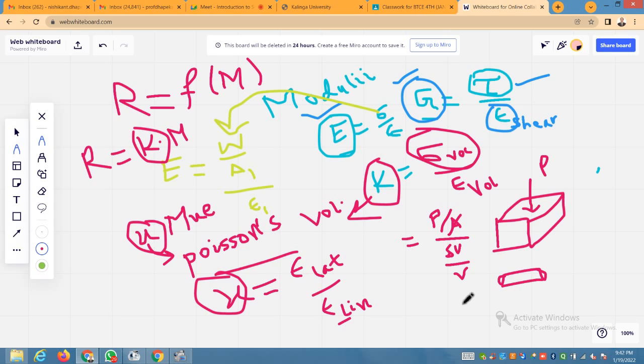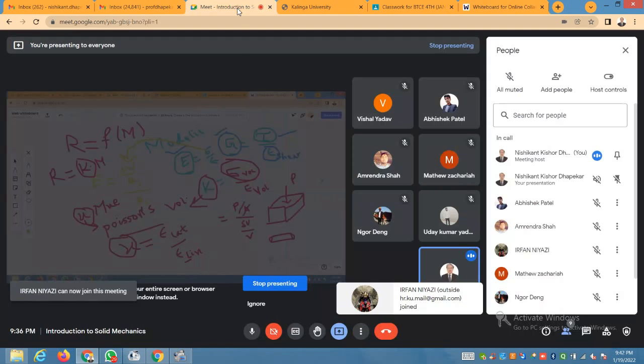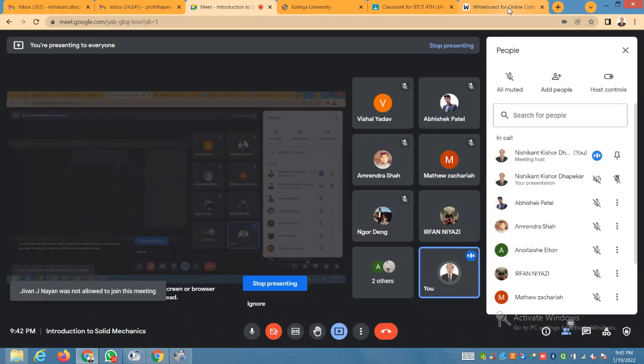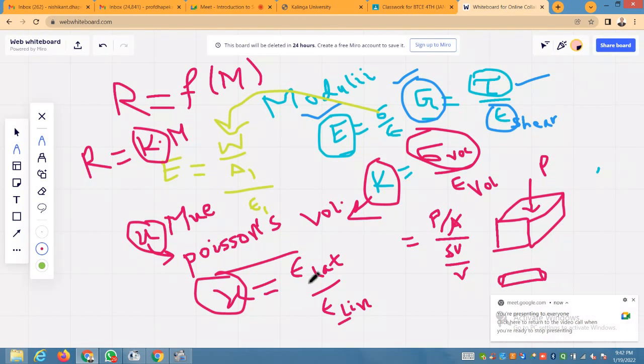So to calculate Poisson's ratio for a rod, it is the ratio of lateral strain upon linear strain. Lateral strain is change in diameter upon original diameter, and linear strain is change in length upon original length. In this way, Poisson's ratio can be calculated.